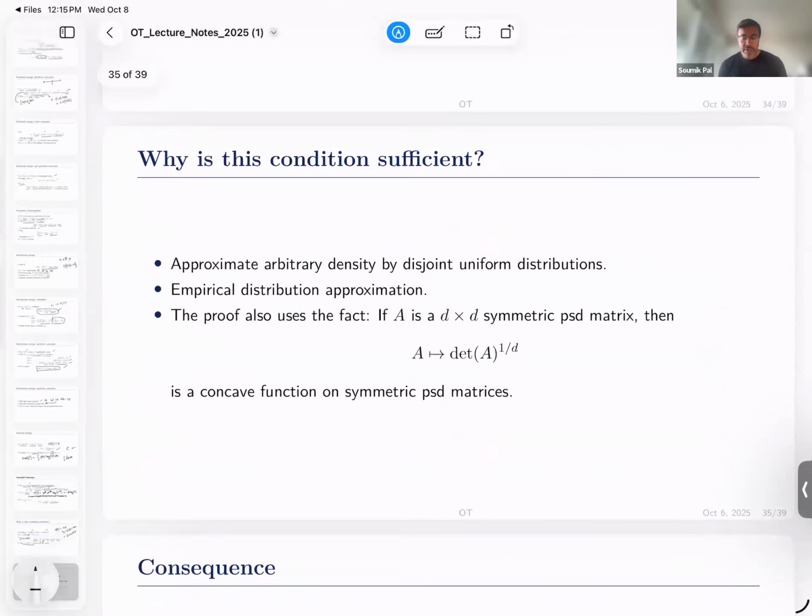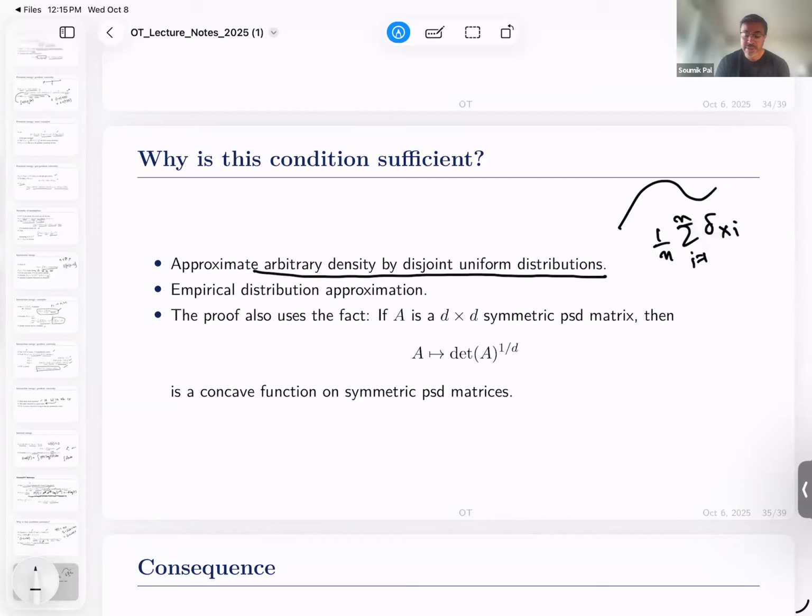The condition is sufficient because of a very standard probabilistic approximation, which is that I can approximate any arbitrary density by disjoint uniform distributions. How? If I have any density, I can always pick an empirical distribution, the sum of deltas at x_i, i equals 1 to n, that approximates this density. But this is, of course, not absolutely continuous.